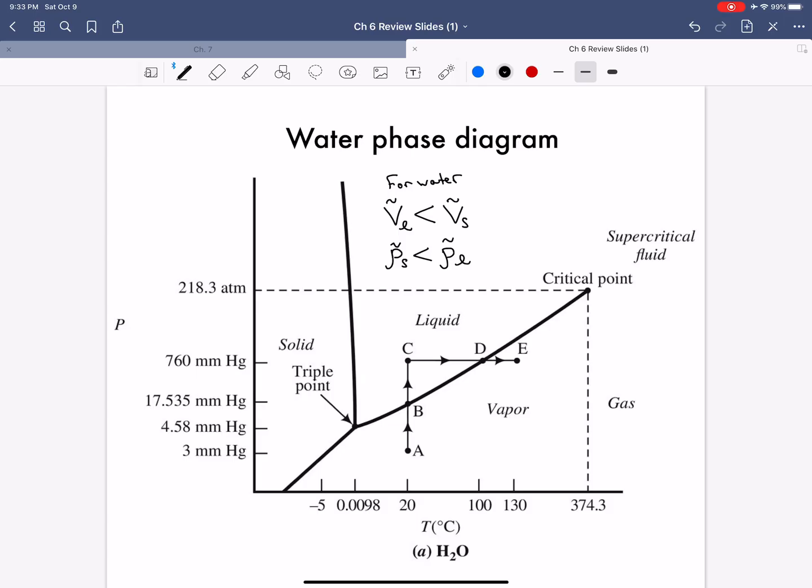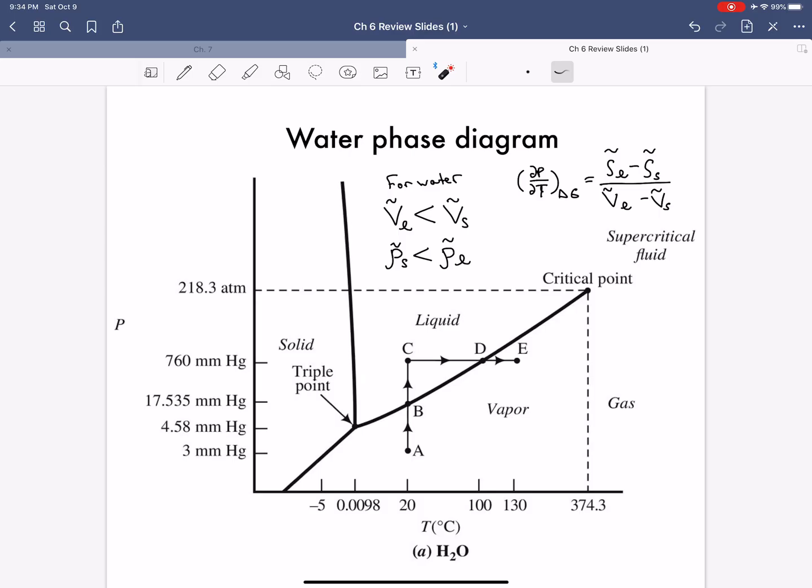All right, and so since the liquid phase, which has the higher entropy, has a molar volume less than the molar volume of the solid, the denominator in dP/dT at constant G, so S liquid minus S solid, or ice, I guess, V liquid minus V solid, is negative, and that ends up giving this phase boundary line a negative slope.